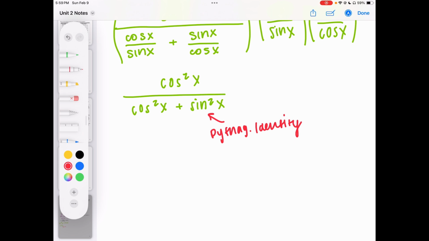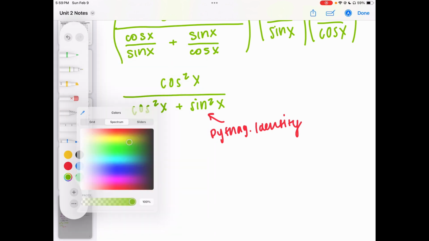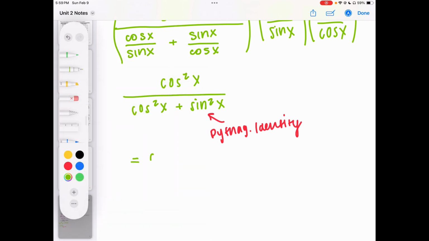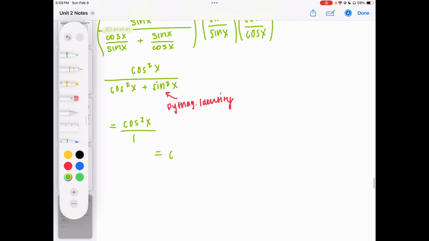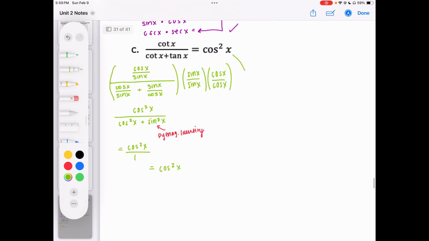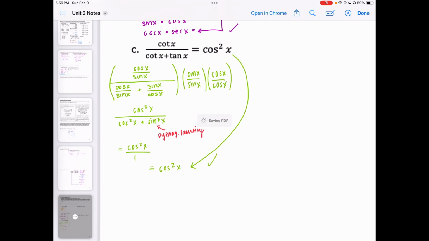So I could rewrite that as 1. I could write cosine squared x over 1, which is just going to be cosine squared of x. Looking back at the very beginning, that's what I started with. So we have officially successfully verified this identity.